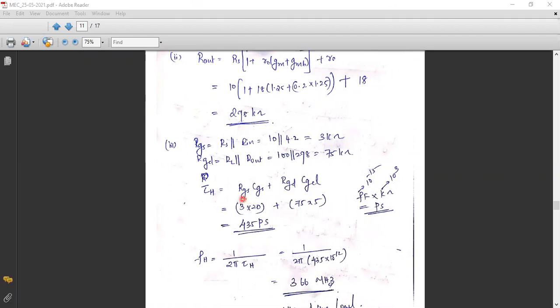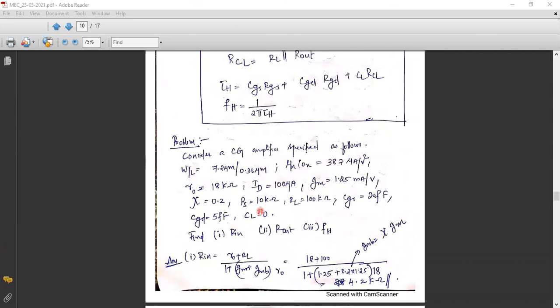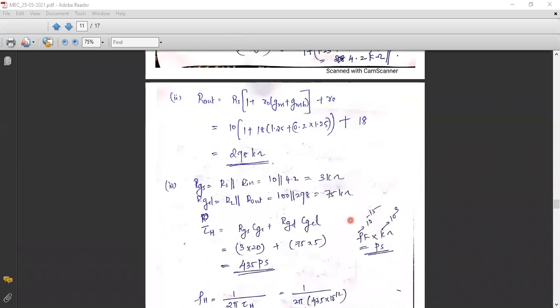Now substitute RGS into CGS. RGS is 3K. CGS is 20 picofarad, not pico, femto, right? It is 20 femtofarad. Femtofarad is 10 to the power minus 15.